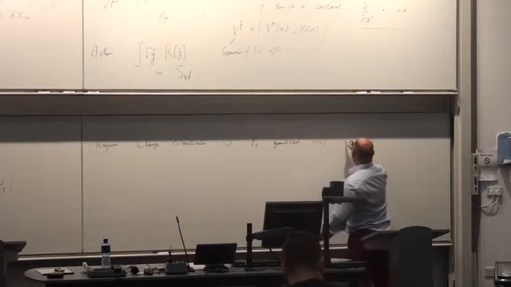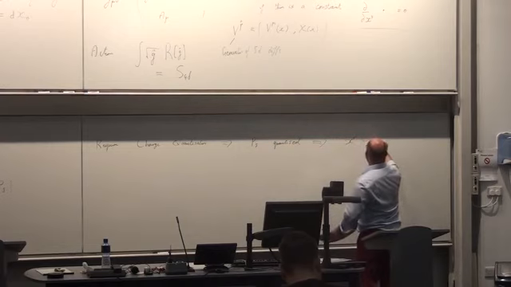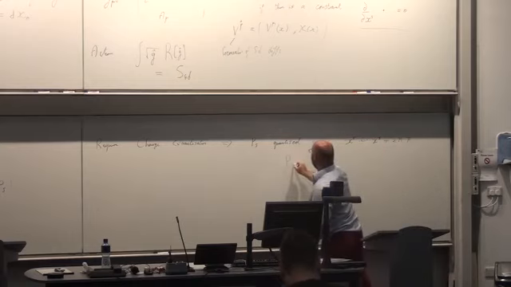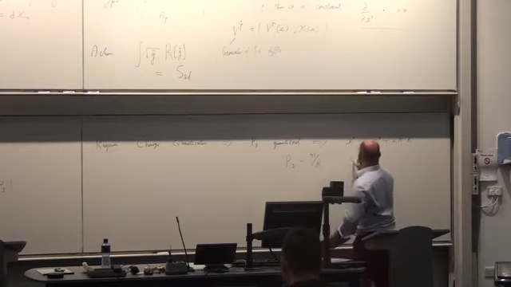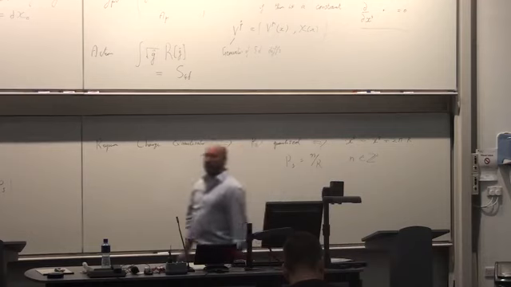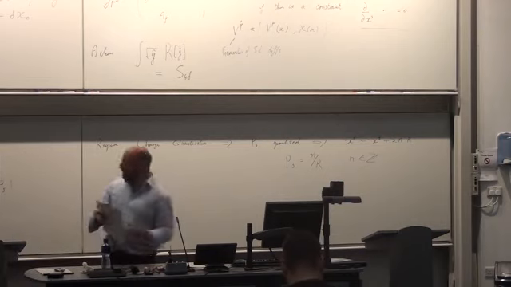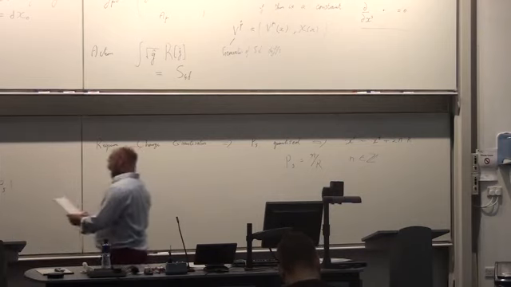Which implies X5 is identified 2 pi r, and then P5 is some integer over r. And then we get the compactness of the space from demanding charge quantization. Okay, that's fine. Next step.